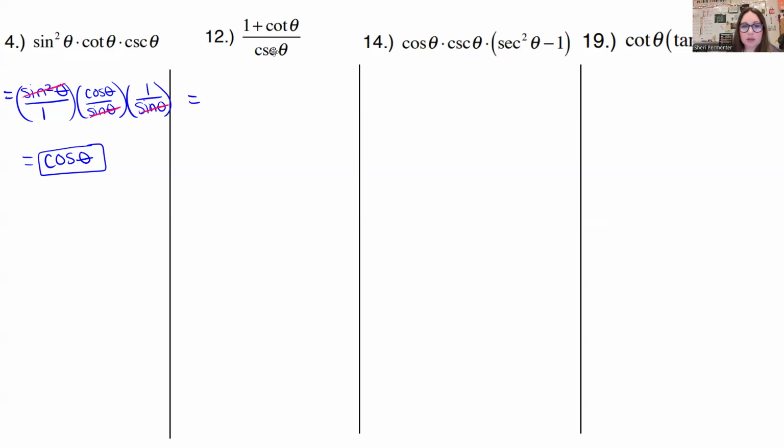So I split the fraction. Once I split the fraction, I can change it into terms of sine and cosine. If you changed it into terms of sine and cosine first, it wouldn't really matter. That's fine too.